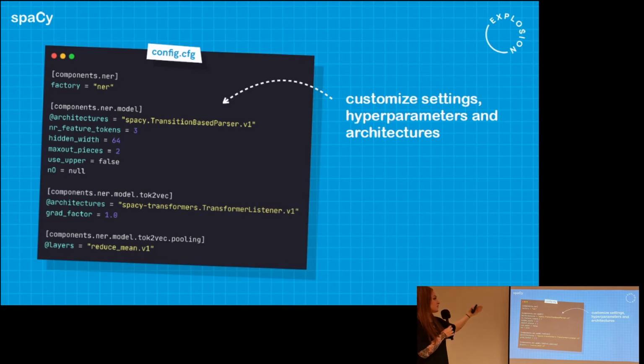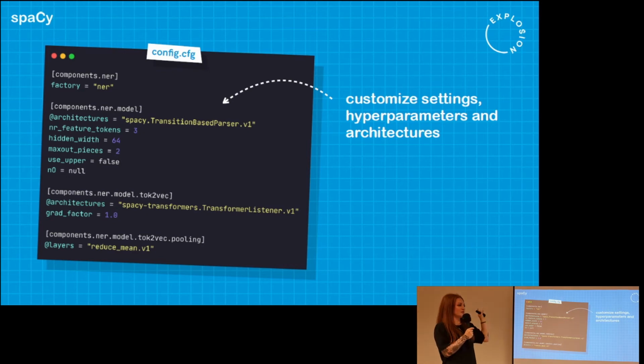We're setting a bunch of hyperparameters and settings for that component. Also, our model has a token to vector layer that actually does the encoding, where in this case we're referring to a transformer listener, so a component that checks the transformer component that runs earlier in the pipeline and gets the encoding from that.